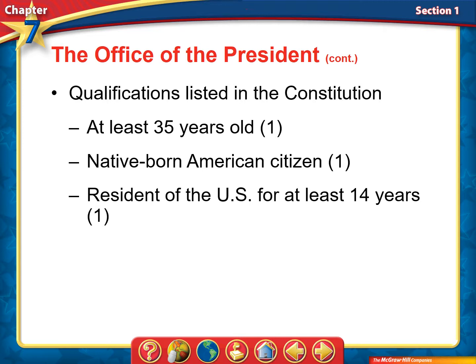I would question, do I keep my citizenship? And if I were residing in another country for over 14 years, well, I couldn't go back and run for president.